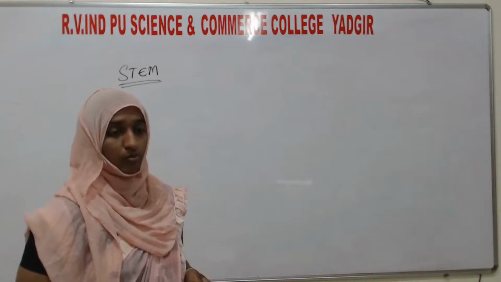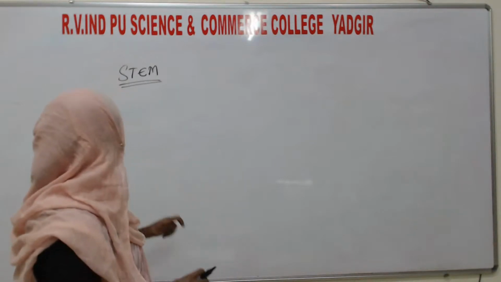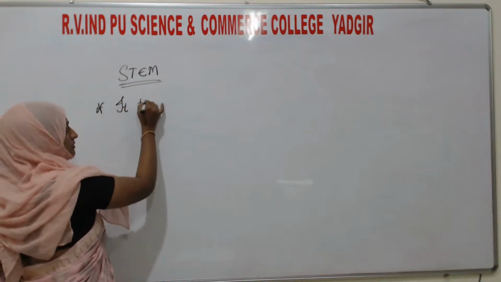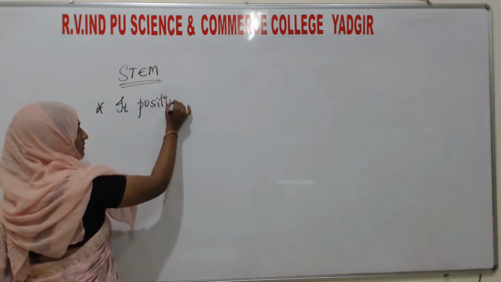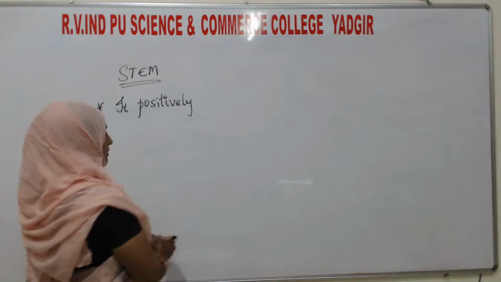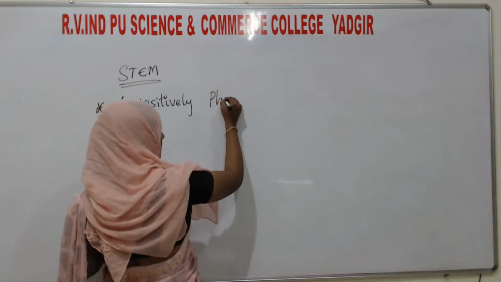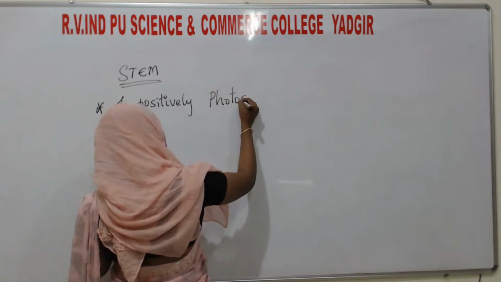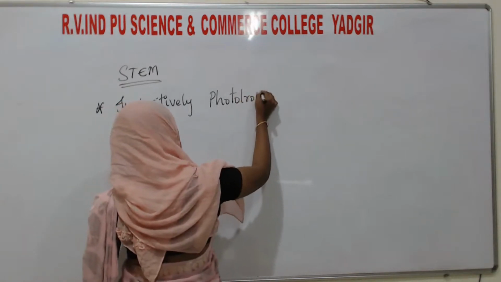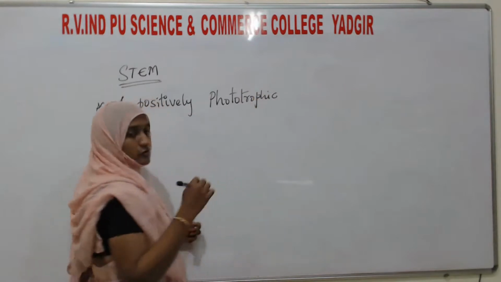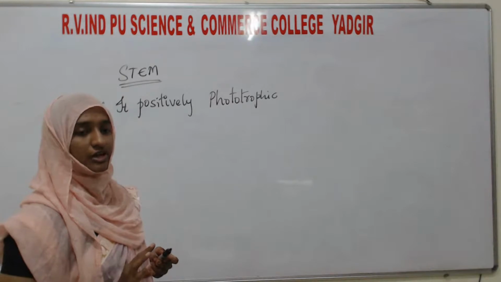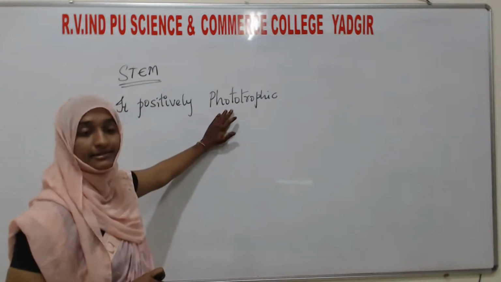Stem is positively phototropic. What do you mean by the term? Roots are negatively phototropic because they are not going to trap any sunlight. Photo means light.